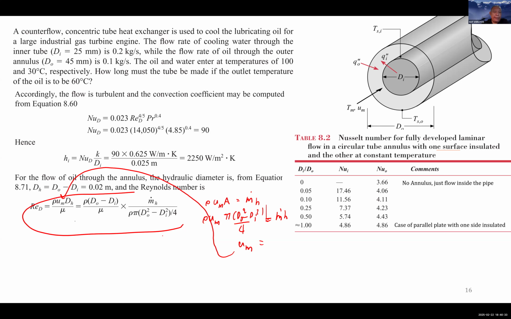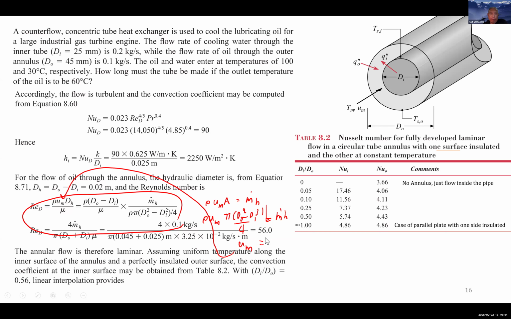This is what you have. Then plugging in the numbers, the Reynolds number equals this. Okay, you can find your DI over DO equal to 0.56, and it's over here.